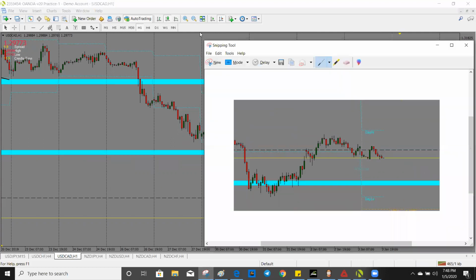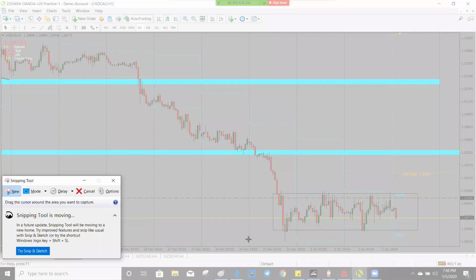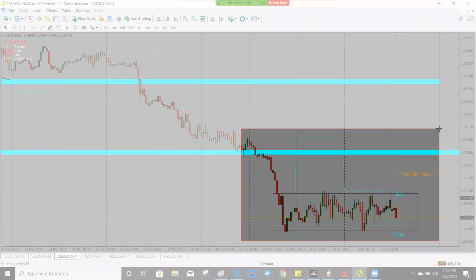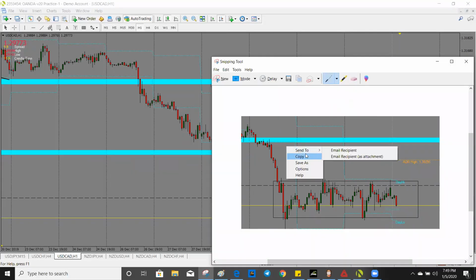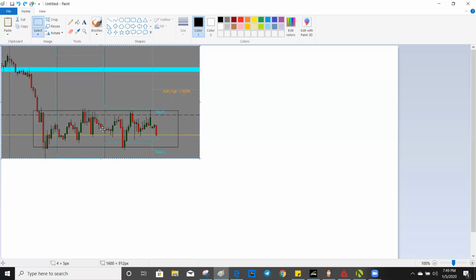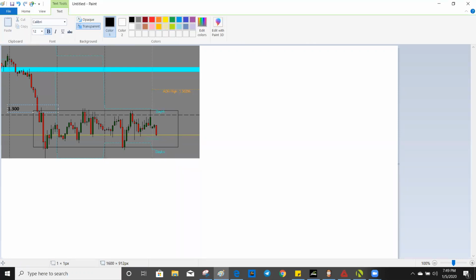So I'm going to group the Canadian crosses together, like how we usually do in the live sessions, and we do see that USD Canadian is at this key level here.